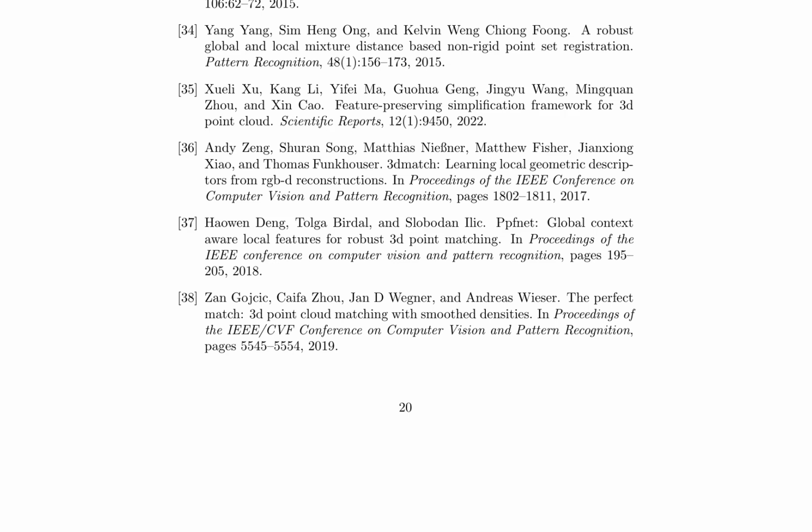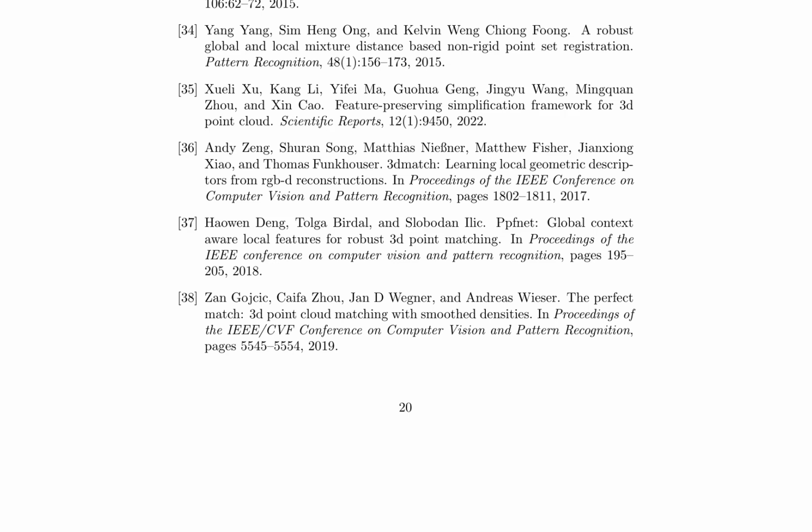In addition, the paper highlights the importance of feature-preserving simplification frameworks for 3D point clouds, such as Shuili Xu et al.'s method, which maintains geometric details during simplification. The authors also emphasize the significance of learning local geometric descriptors from RGBD reconstructions, as demonstrated by Andy Zeng et al.'s work on 3DMatch.